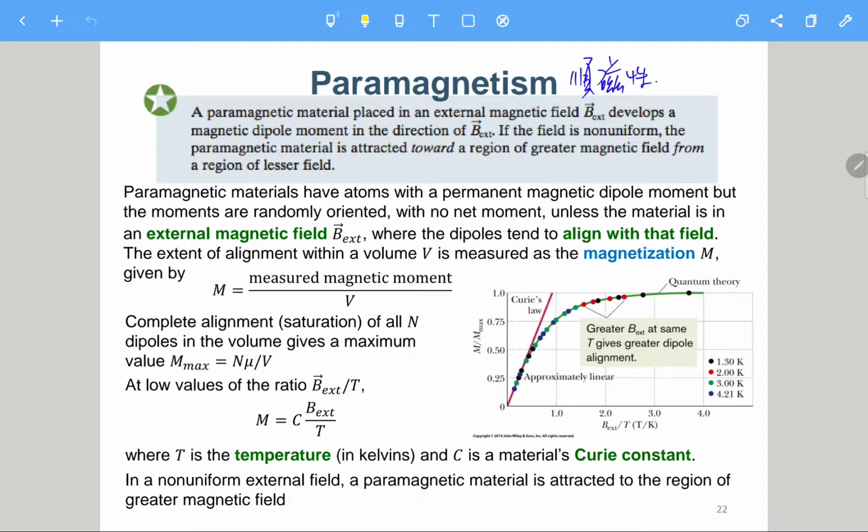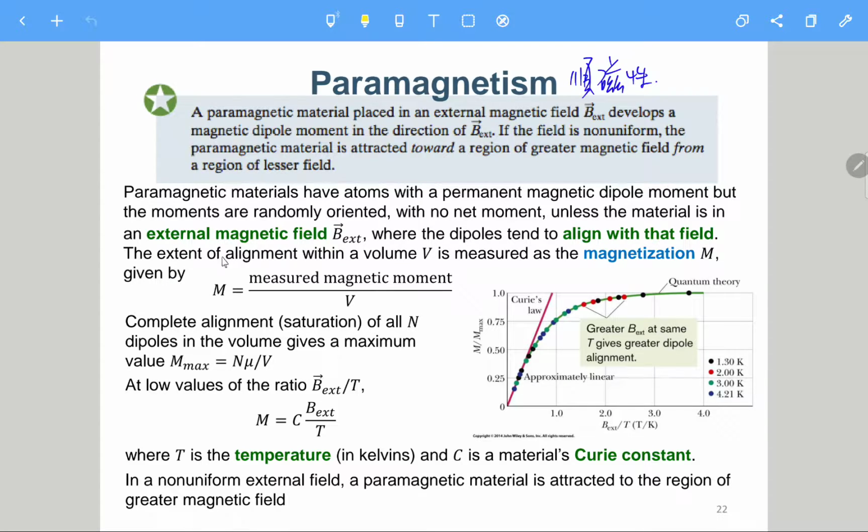Or you can regard it as the dielectric storing some of the energy from the external E field. For this case, it is similar. As long as there is some external B field, the paramagnetic material will have its dipole moments aligned to the field.